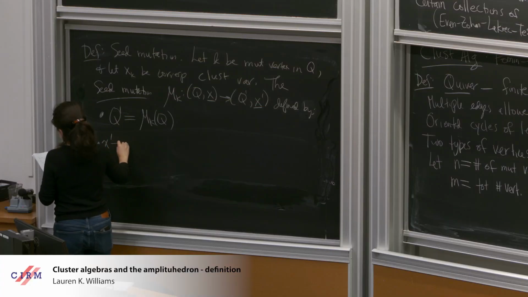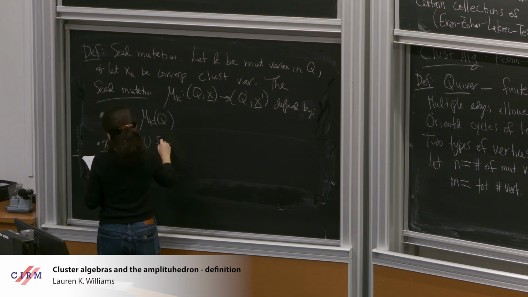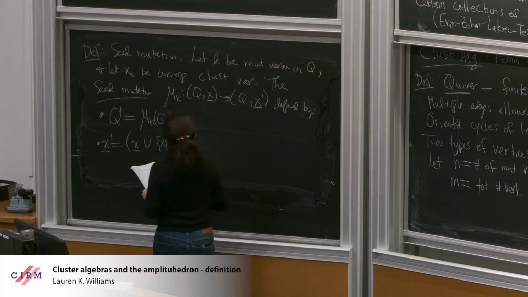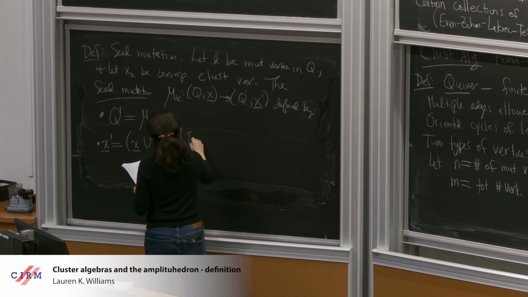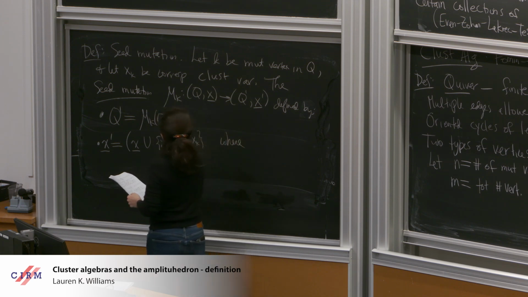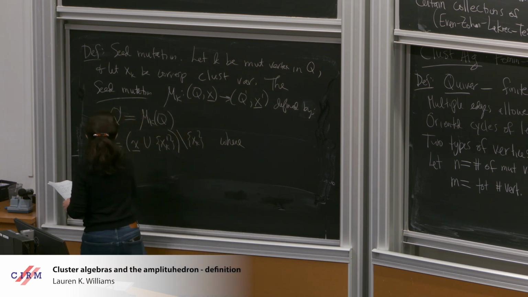And then this new extended cluster is nearly the same as the old cluster, but we're going to throw in one new cluster variable indexed by the vertex k, and we're going to remove the old cluster variable associated with node k, where xk prime is defined by the following equation.